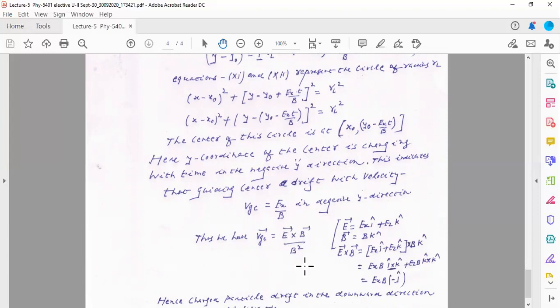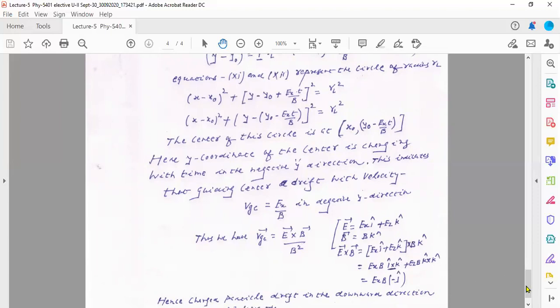This B over B squared cancels and gives E_x over B with a minus vector j. So if you interpret this equation, the drift velocity of the guiding center is E_x over B in the direction of vector minus j, which is basically the negative y direction.